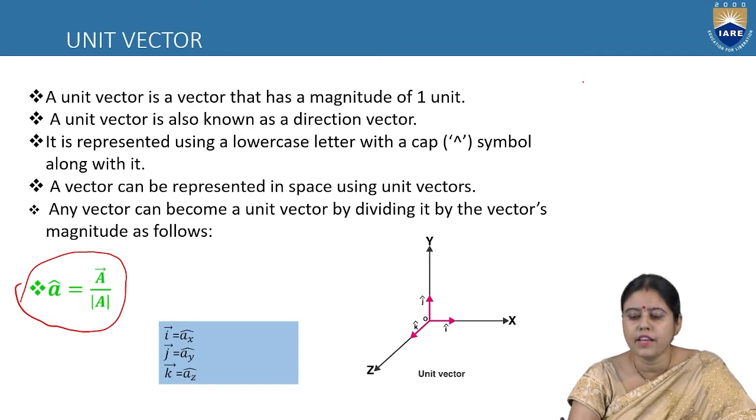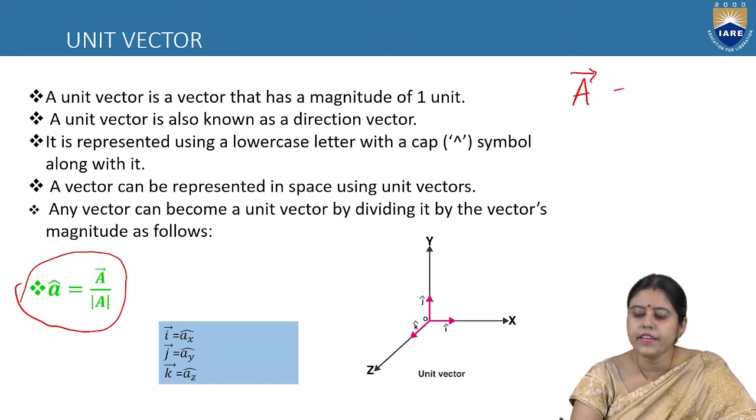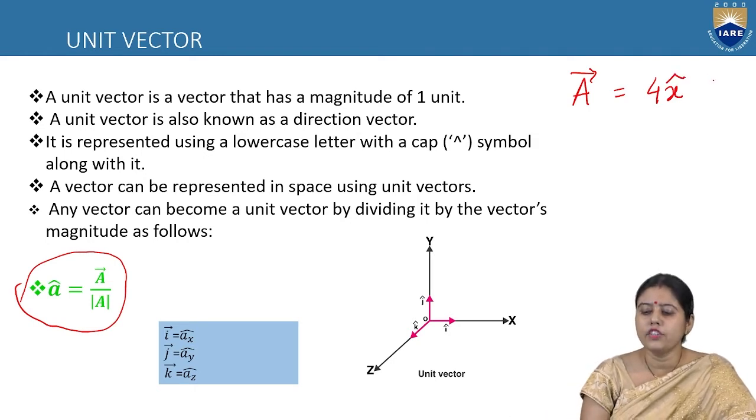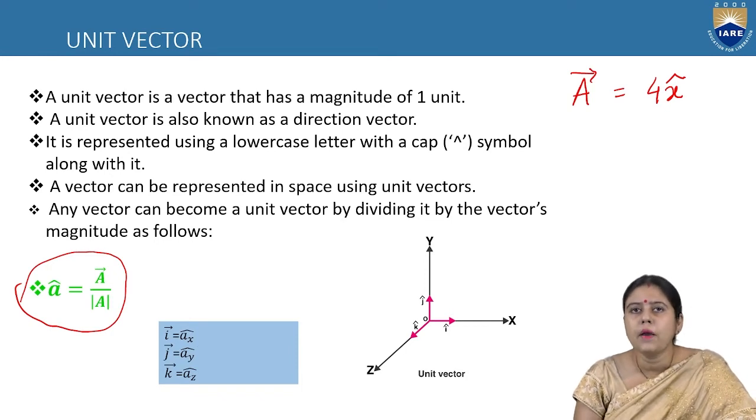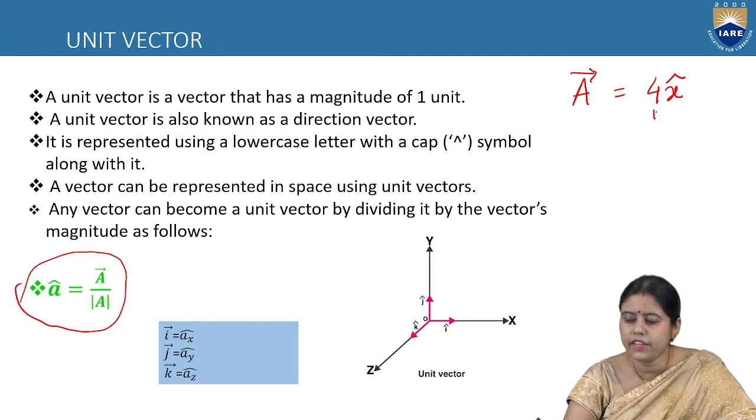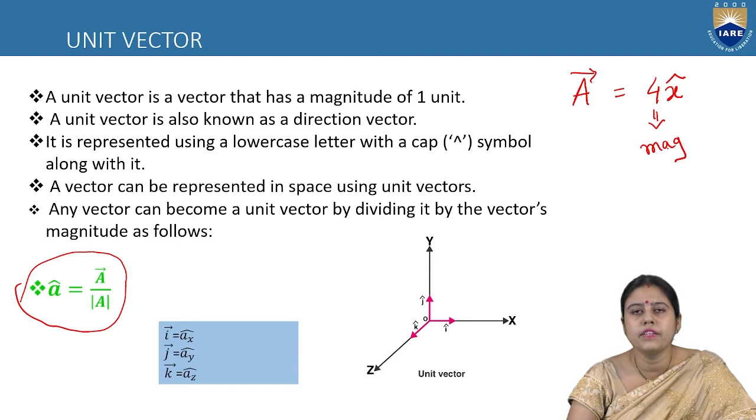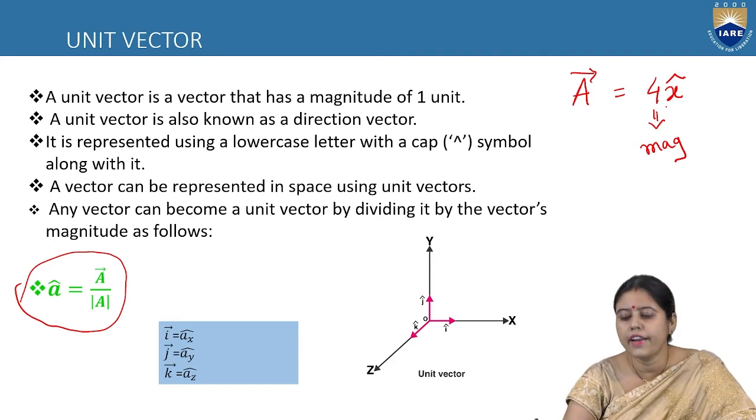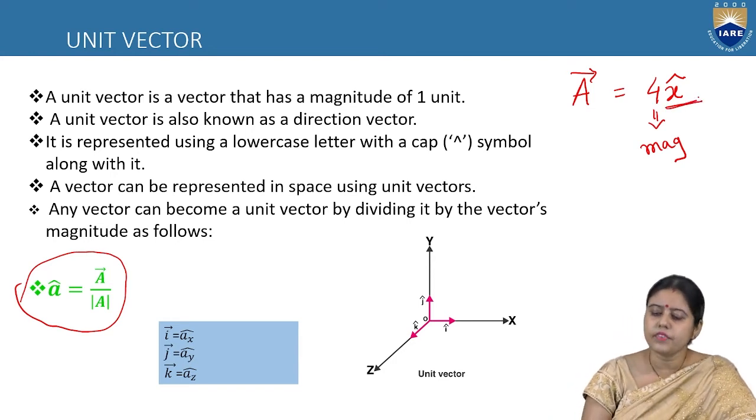Let's do one example. Say vector A is 4 x cap. Its magnitude is 4, and it is going in the direction of x hat. So 4 is the magnitude, and x means it is going in the x direction.